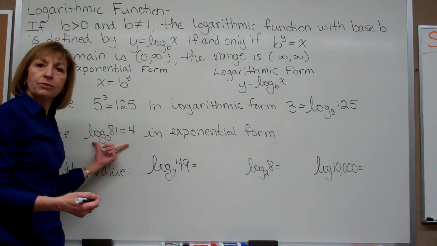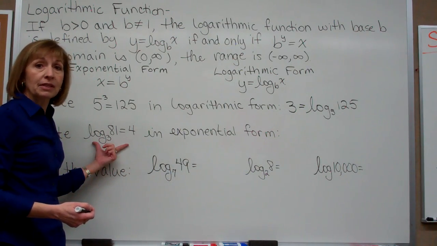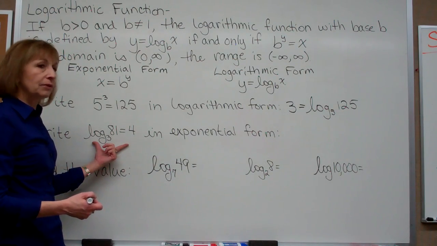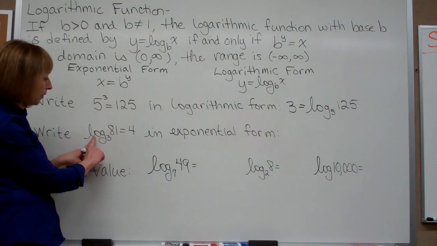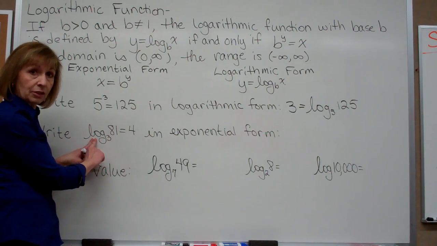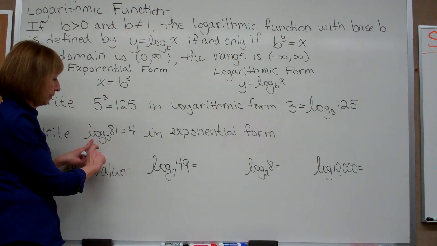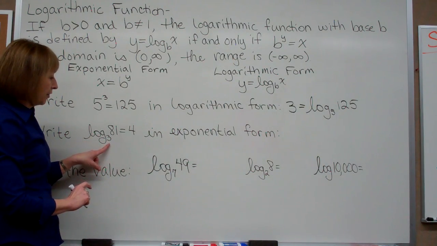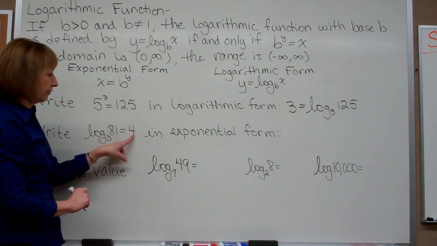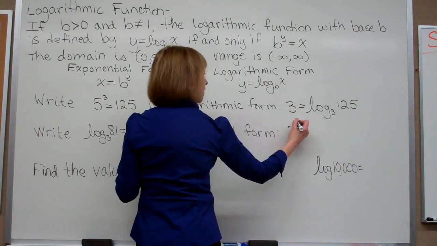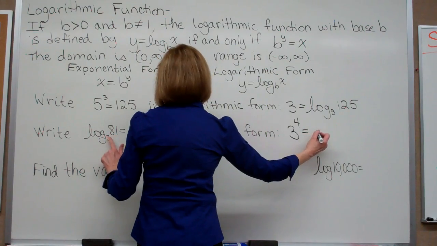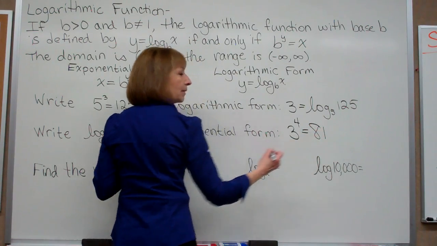So then when you have to rewrite expressions that have variables in them, you will see where you need to put everything and be more comfortable with the process. So remember, logarithms are exponents that you put on the base to create that value. So the exponent I put on 3 to create 81 is 4. So I'm going to write 3 to the 4th is equal to 81, my true statement.